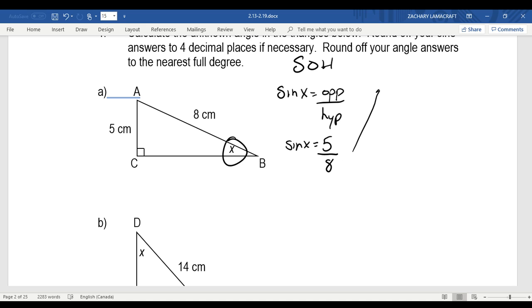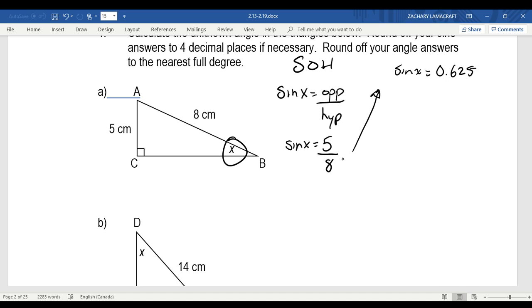Cool. So sine X then. So 5 divided by 8 is equal to? Sure. 0.625. Cool. Any idea what we got to do with this now to find our angle?